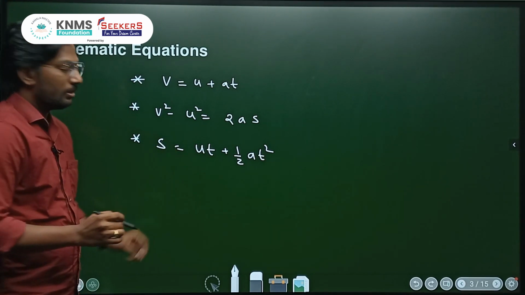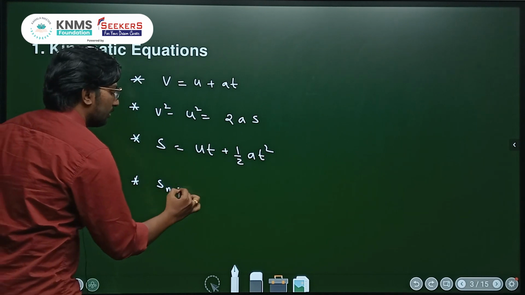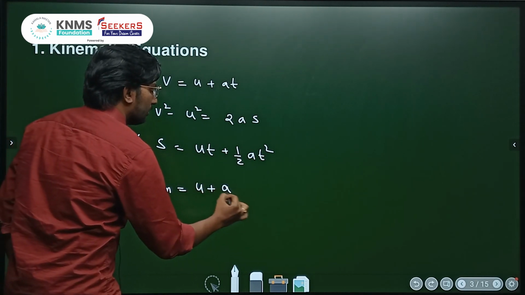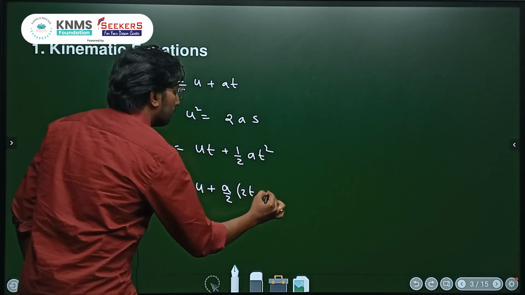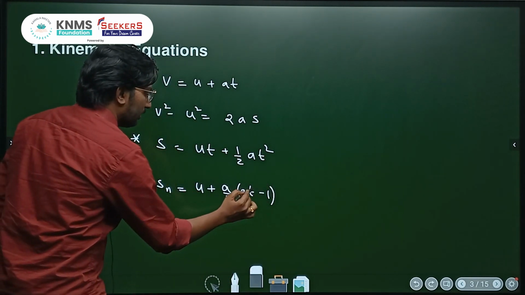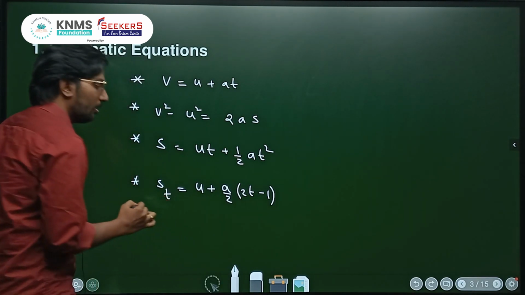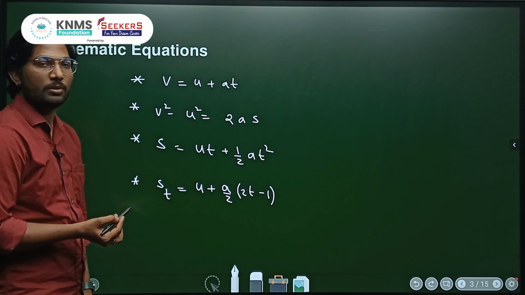Major three equations. There is also one more equation, that is Sn = u + (a/2)(2n − 1), or you can write it as 2t − 1. Or either you can delete the n over here and just write it as St = u + (a/2)(2t − 1).